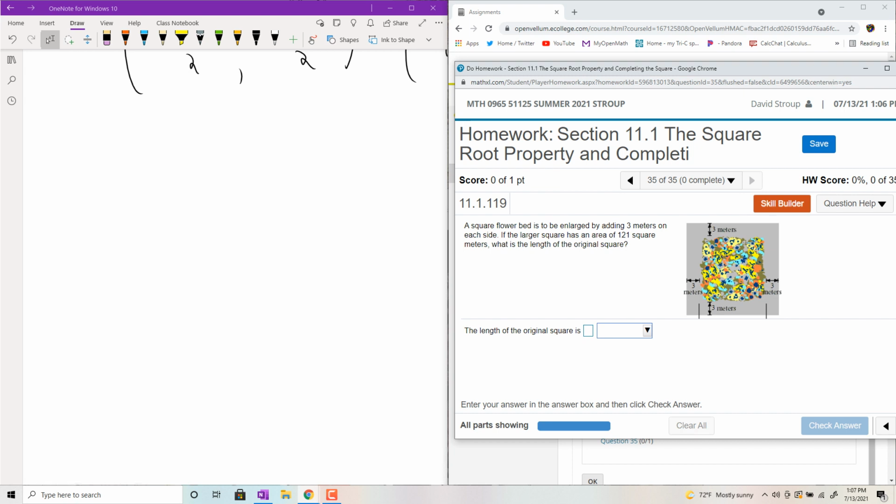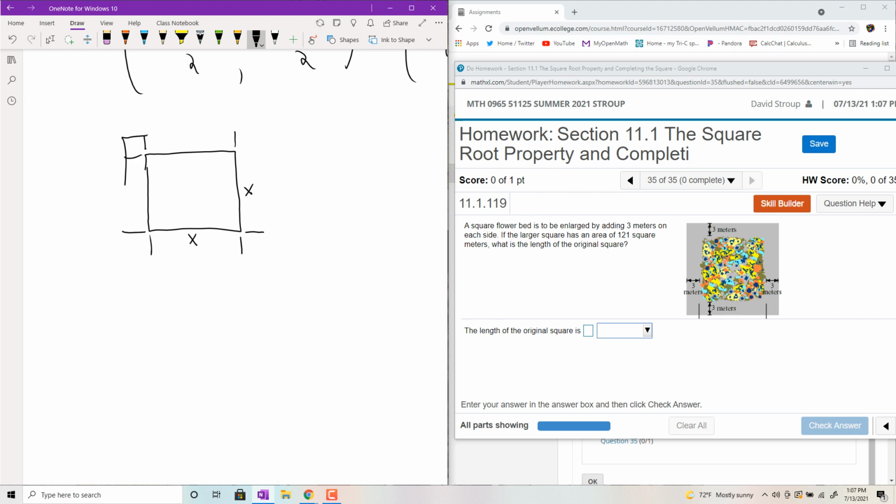So it's originally a square. We don't know these lengths, so we'll just call each side x. Then we increase it by adding 3 meters on each side. Basically, we extend it by 3 here, 3 here, and so on, and we get this new flower bed.